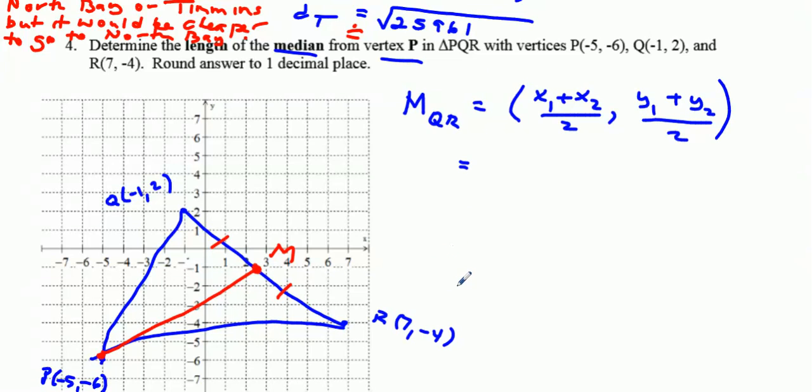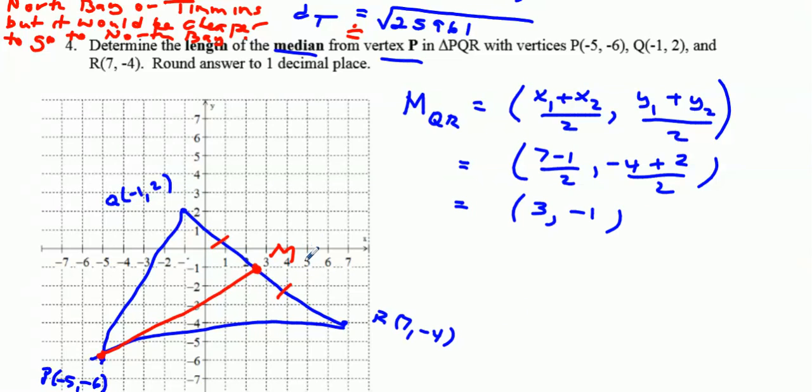All right, so add those together, so that's 7 minus 1 over 2, and minus 4 plus 2 over 2, which is 3, and this is minus 1. Does it look like 3, minus 1? Sort of.